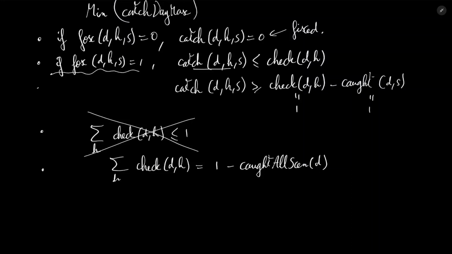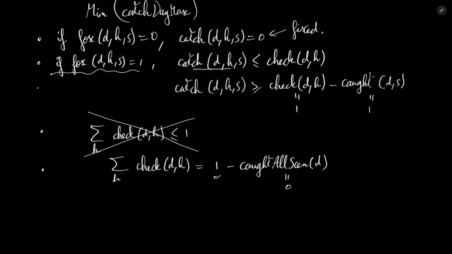So what does that say exactly? This equation is saying that if we do not guarantee that we have been able to catch the fox in all possible scenarios for that specific day, then this value will be equal to 0, and we are going to check in exactly one hole.